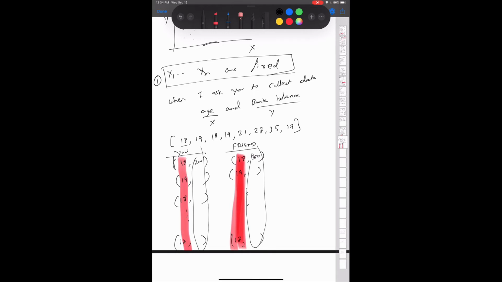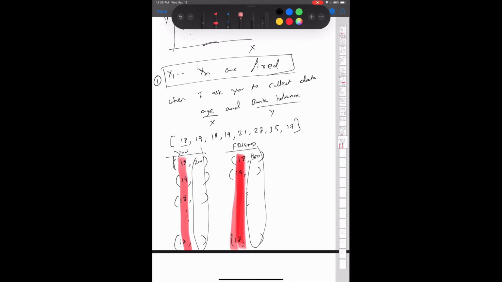So in this class, the framework that we'll study is one where we assume that the x's are fixed, and the only randomness in the data is coming from who you asked, because there are many people of age 18. If you collected the data, or if I collected the data at a different time point, I'll get different people who have age 18. The responses will be different.